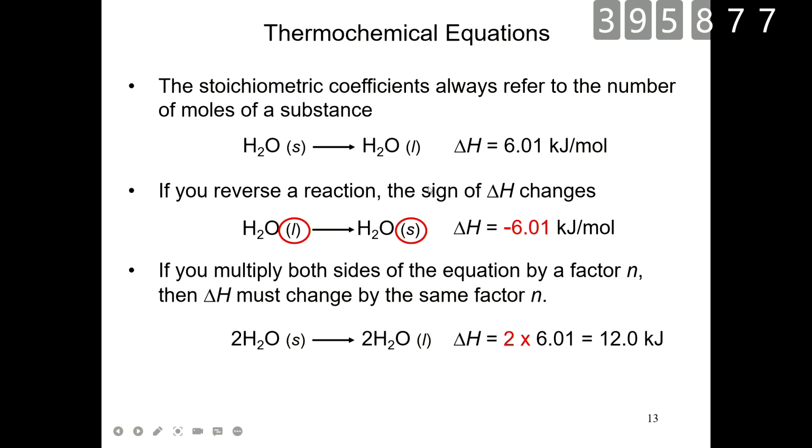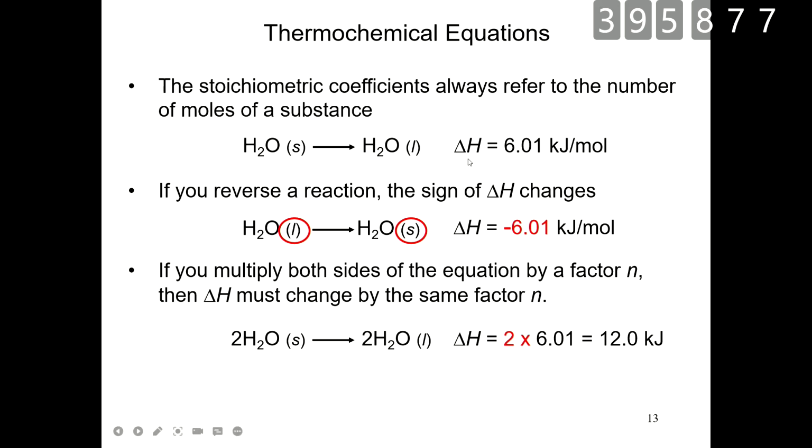Of course for the reaction we need the stoichiometric coefficients, and the direction of the reaction is also important. For example, from solid to liquid, if ice melts, it should get energy from the environment.